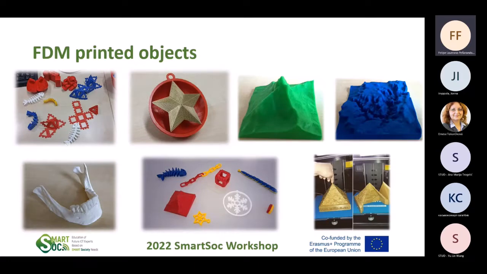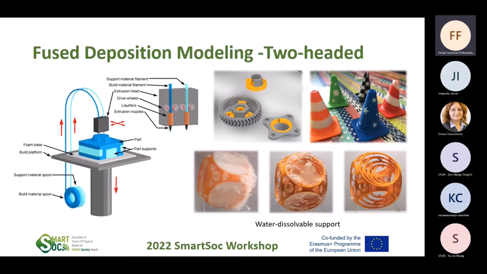You can see here also lots of different objects we have printed during the last years, and it can be used for so many things at schools to demonstrate different things. We have also some objects here, and as you can see on the slides or on the desk as well, sometimes we can use more than one color.